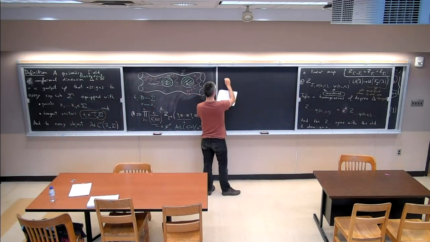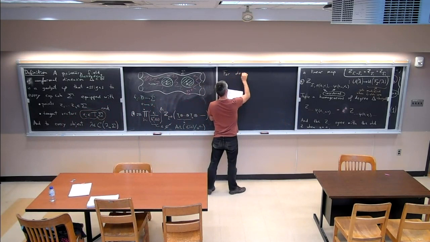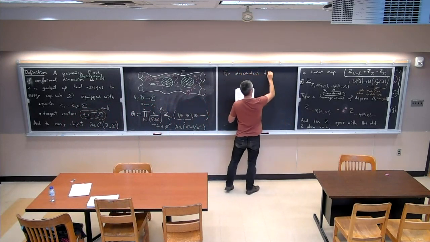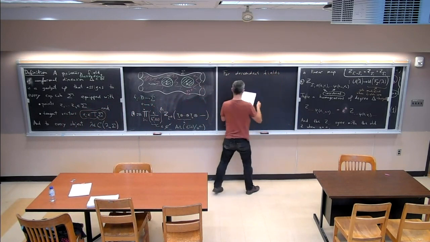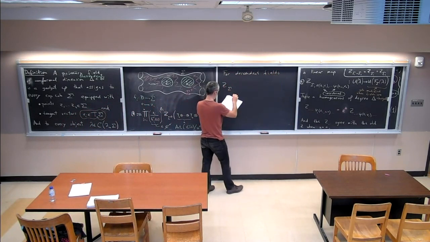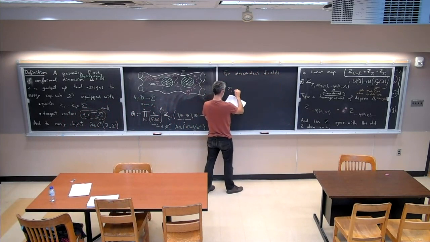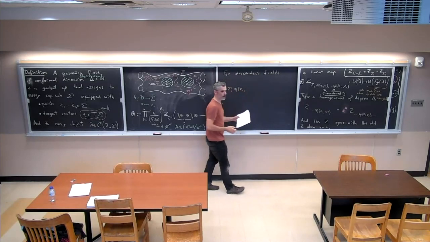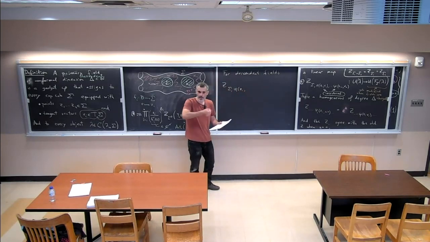So we have Z of sigma, comma, phi1 of Z1, comma. Well, now that's not going to be a vector, it's going to be a little jet up to a given order.